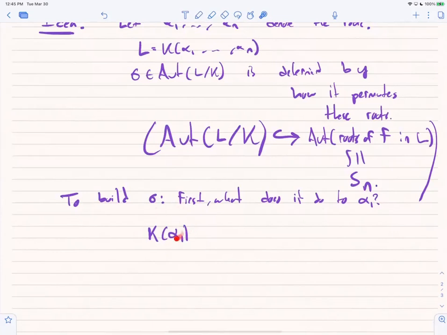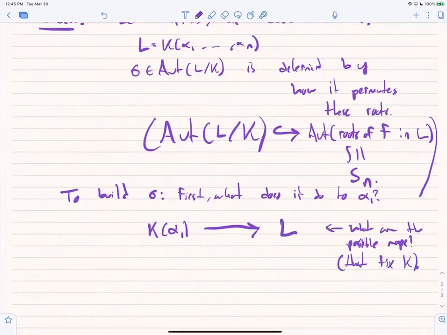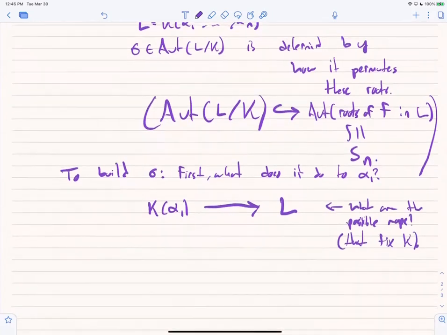Let's just see what that automorphism can do on this subfield. What are the possible maps from this to L that fix K?